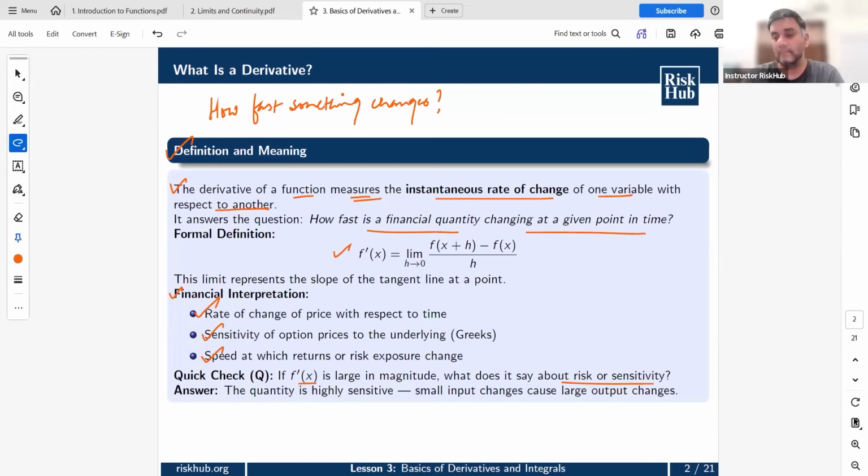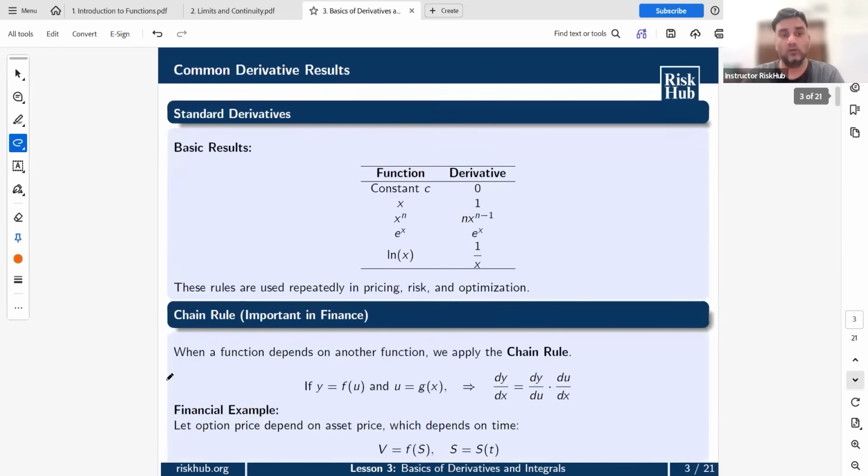Then we go to the common derivative results. These are standard derivatives. For a constant c, the derivative is 0, because a constant never changes. For the linear function, d/dx of x becomes 1, so the slope of the line y = x is always 1.